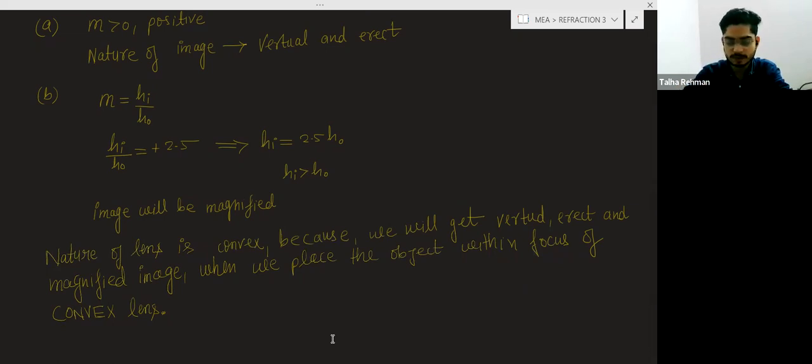If you are not able to understand these things properly, you should do proper revision of your notes, because in physics all parts are interrelated to each other. If you do not know one thing, then you will not understand the other things in a proper way. That is why revision is a must.